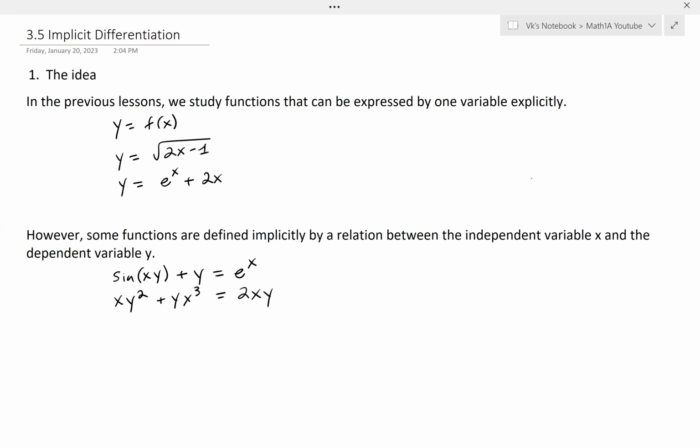Notice that these are equations in which we cannot solve for y explicitly. So there has to be a way for us to figure out the derivative.